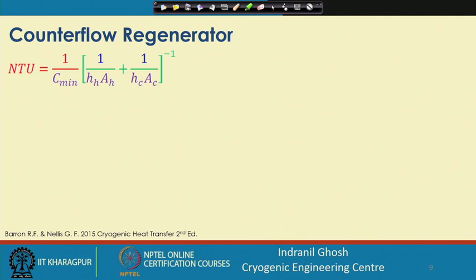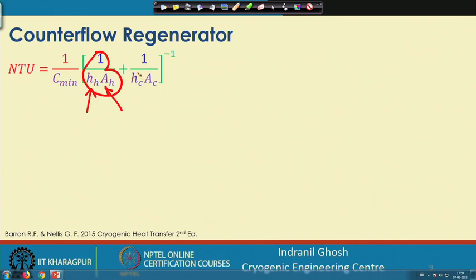Along with that, we have the hot fluid and the cold fluid. This is 1 by h_H A_H, where h_H is the heat transfer coefficient of the hot side and A_H is the area associated with the hot side.